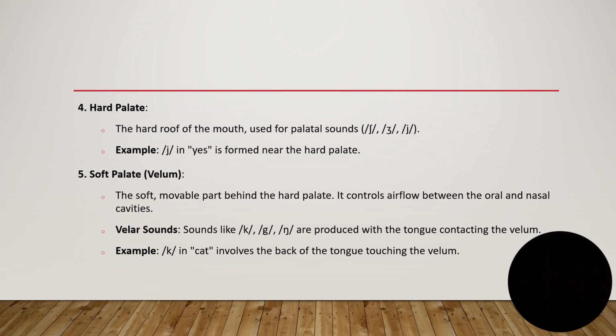It controls airflow between the oral and nasal cavities. Velar sounds like k, g, and ng are produced with the tongue contacting the velum. Example, k in cat involves the back of the tongue touching the velum.